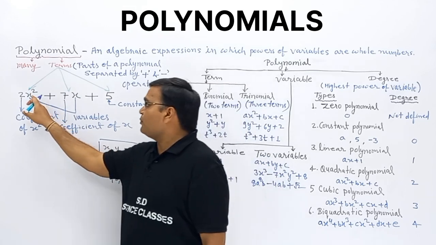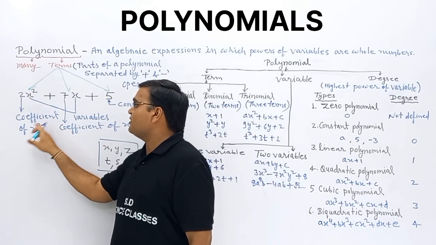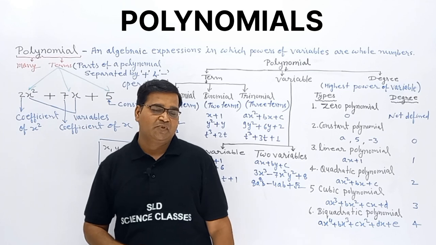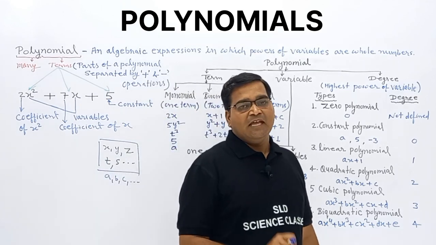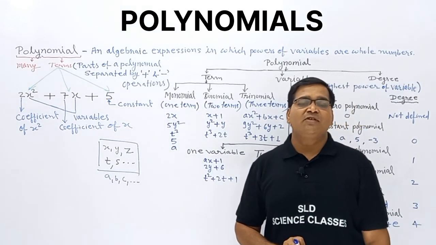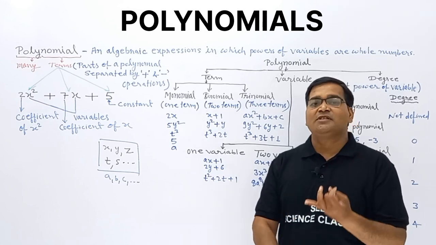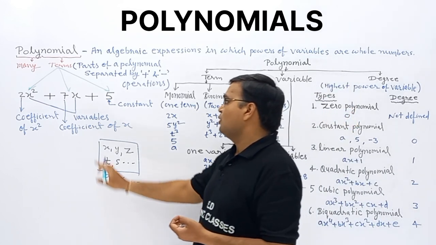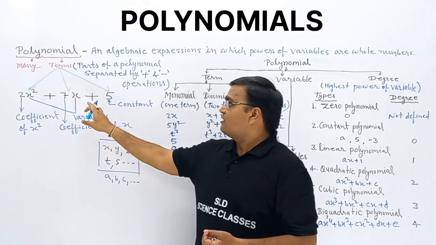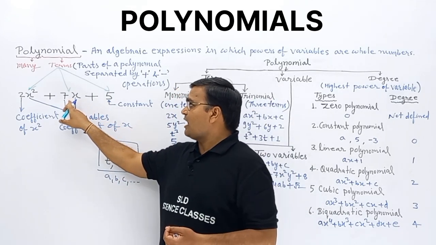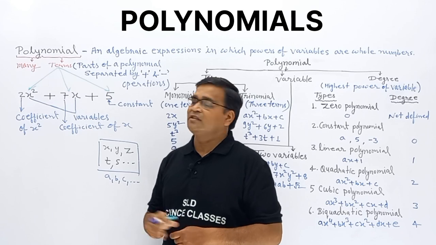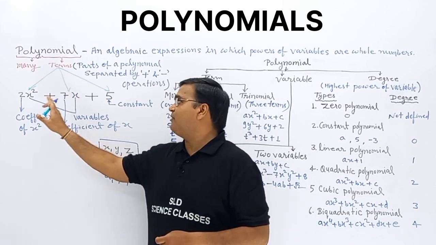Now what about the coefficient of x square? The coefficient of x square is 2. So in polynomials we have some terminology: constant, variables, coefficient. Coefficients are right with variables, in front of variables.